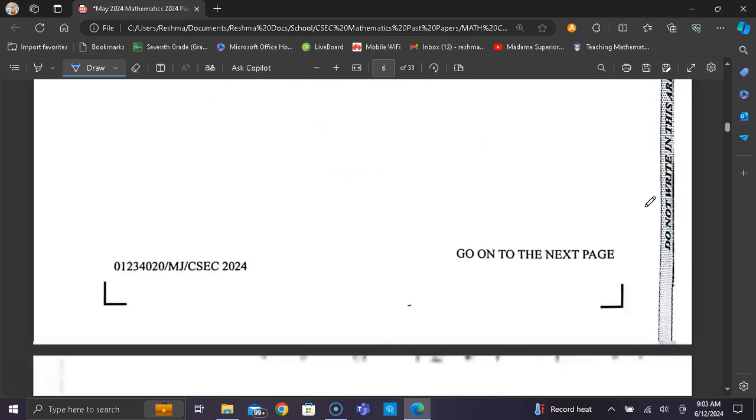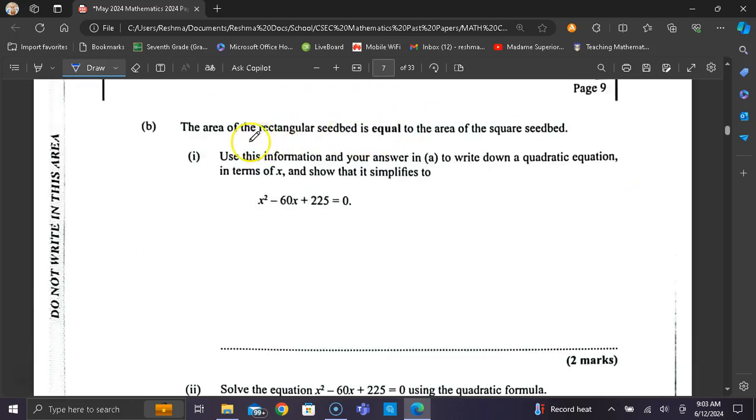Okay, so if the area of the rectangular seedbed is 3x times x, that is equal to the area of the square seedbed, which is y squared. Right? So we have 3x squared is equal to y squared.